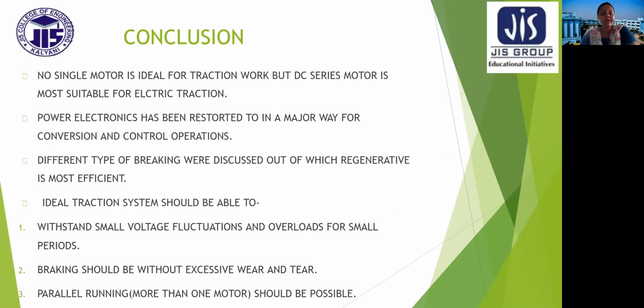Different types of braking were discussed, out of which regenerative braking, as we all know, is most efficient. An ideal traction system should withstand small voltage fluctuations and overloads for small periods. Braking should be without excessive wear and tear. Parallel running of more than one motor should be possible.